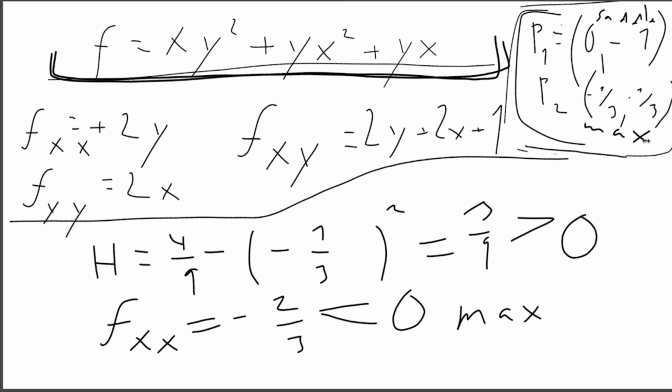If that is above 0, we have two more options, and those options namely are the second x derivative. If it's negative, it's a local maximum. If it's positive, it's a local minimum. Then if this h in the first place was negative, we directly know that it's a saddle point, which happened for point 1. And for point 2, the opposite happened.